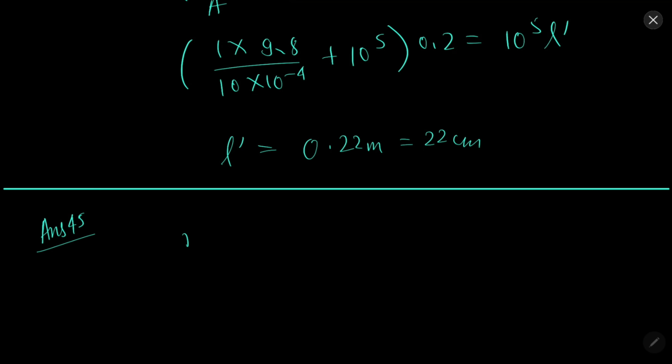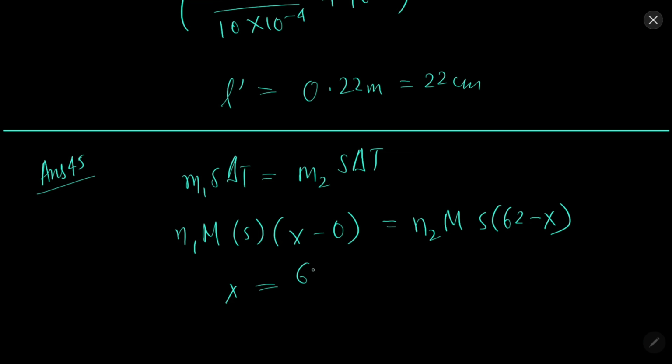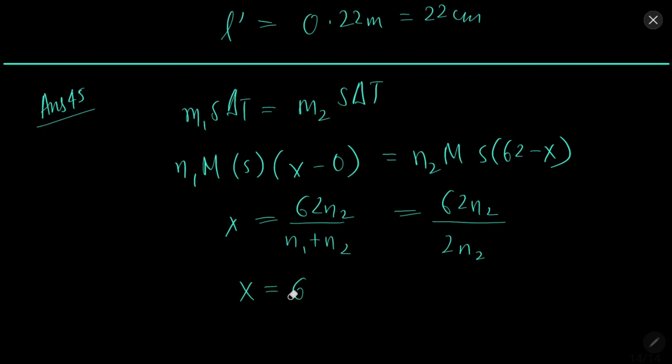M1 S del T equals M2 S del T. N1 M S times x minus 0 equals N2 M S times 62 minus x. x will be 62 N2 over N1 plus N2, which is 62 N2 over 2 N2, 31. So it will be 31 degrees Celsius or 304 Kelvin.